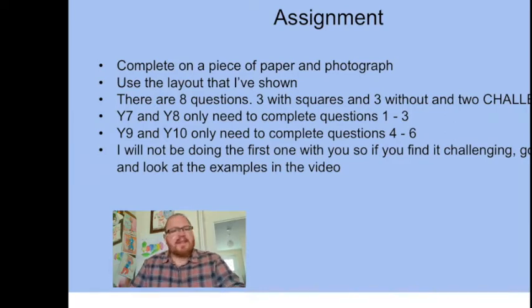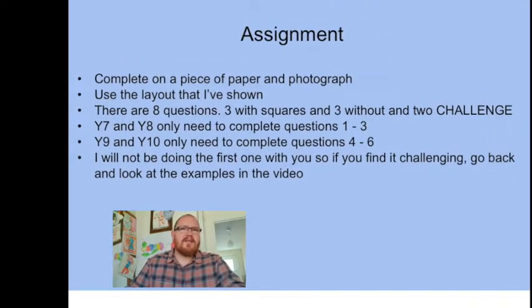Okay. Now there's 8 questions. There's 3 for Key Stage 3 and there's 3 for Key Stage 4. And then you've got 2 challenge ones. What I would like though is for everyone to have a go at them all. Now you don't need to do that in order to pass the assignment, but especially if you're year 7 and year 8, I would be really looking to grab this by the horns, okay?